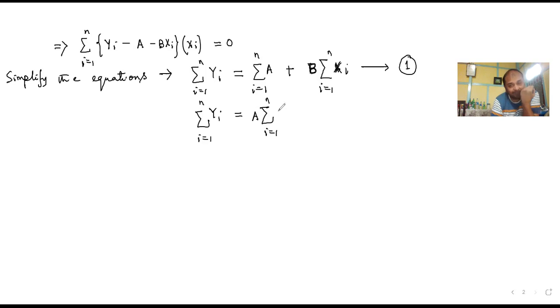So we write A times summation of xi, plus B times summation of xi square. We name this equation as equation 2.